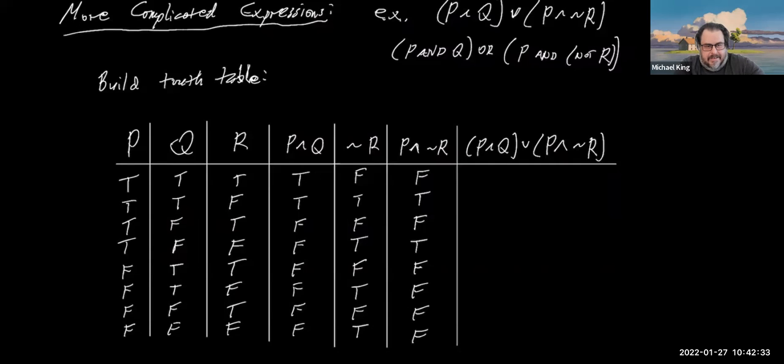Okay, and then we need to OR these two columns together. So if we see a true in either place, then it's true, right? Does someone want to be brave and read their column?